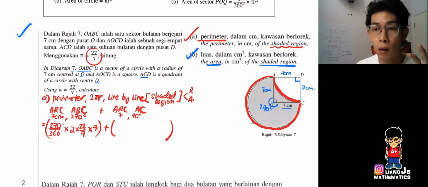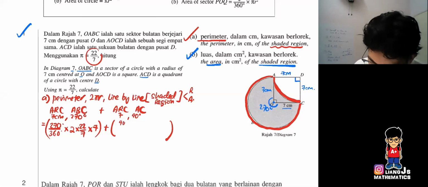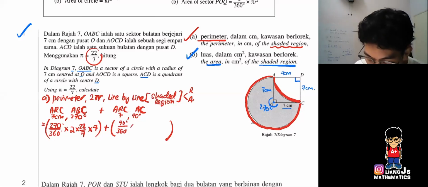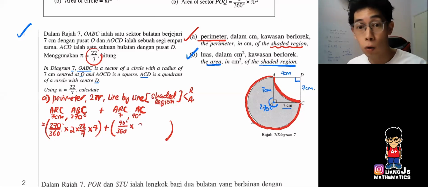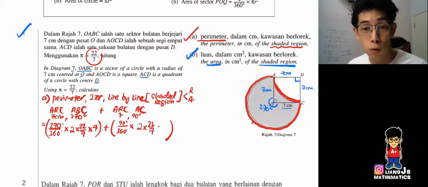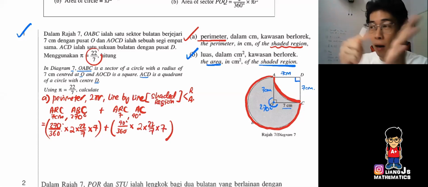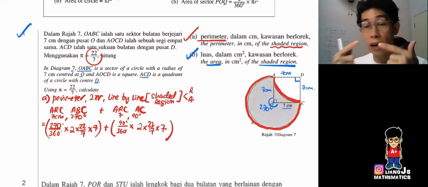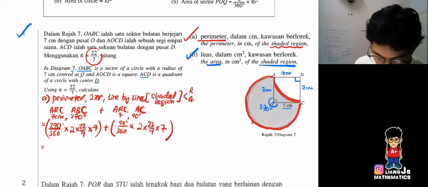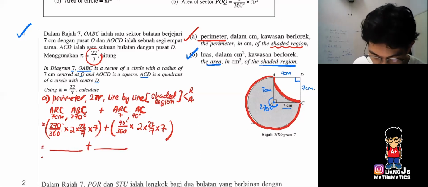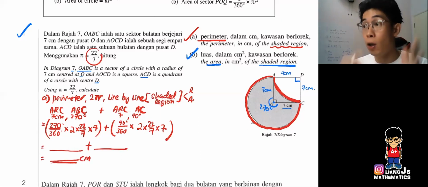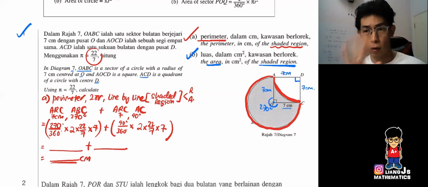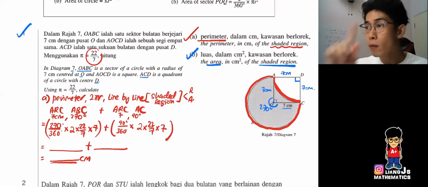So angle 90 over 360 times the perimeter, 2 times pi times radius, and you key everything into your calculator bit by bit, you will get your final answer. Of course you get this one plus the other one to get the final answer. I'm not writing the final answer, you type it yourself.